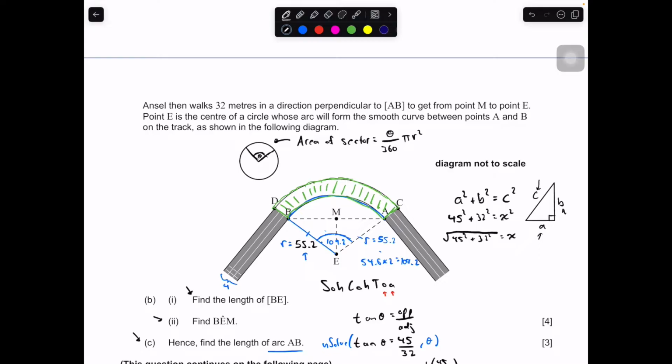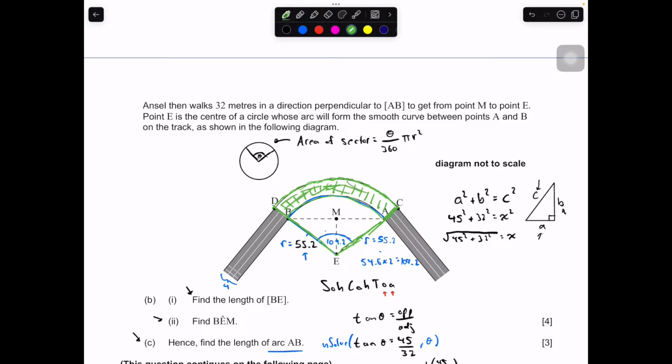But if we imagine that this is the green area we want to solve for, and we have this blue area right here, what we can do is find the area of this larger sector. I'm going to highlight it. We can find the area of this larger sector, but we don't want all of it. We want only what's within.